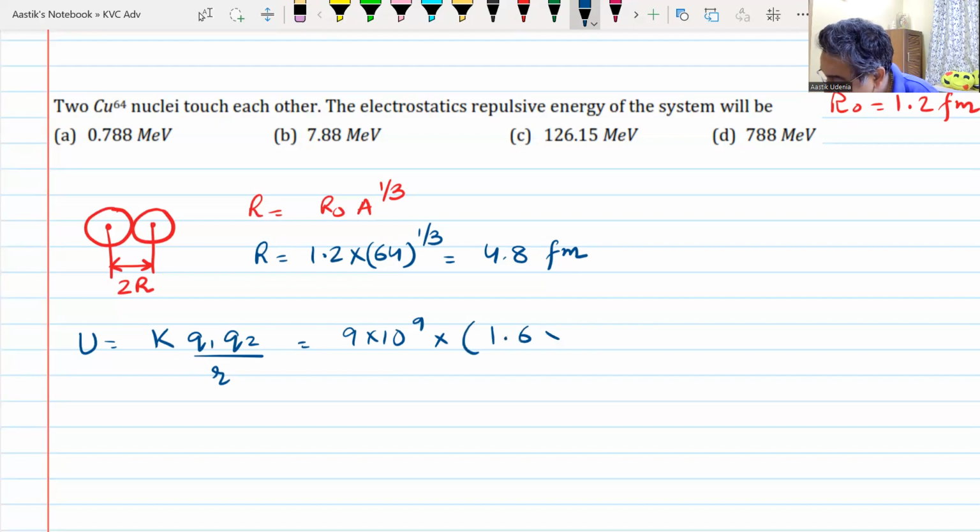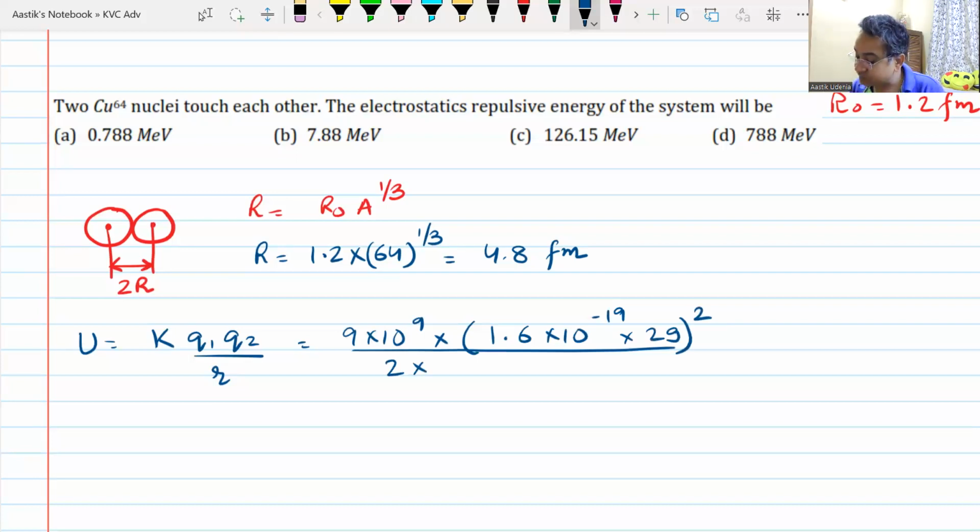So 1.6 into 10 raised to the power minus 19 coulombs is the charge of one electron, and it has 29 electrons taken apart. So Q square divided by 2 into the radius, which is 4.8, into 10 raised to the power of minus 15.